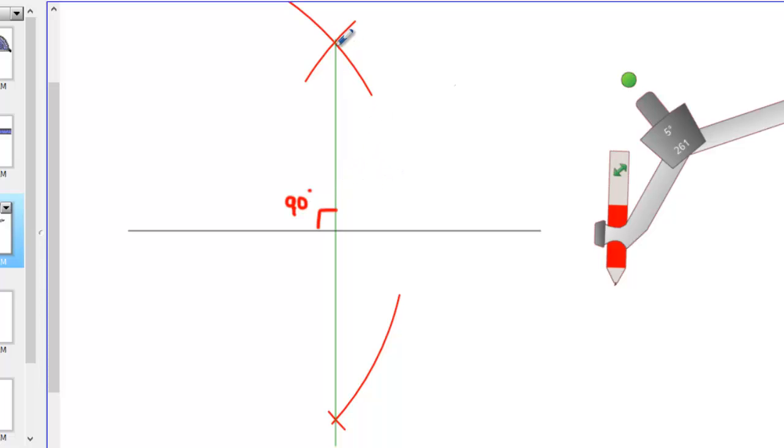That means I need to use this line as a side of an equilateral triangle, not this line. This is a big mistake. If I draw something like that as an equilateral triangle, this angle will be 60, it's far from 90, so this is wrong. I cannot do that. I need to use the green line as a side of an equilateral triangle.